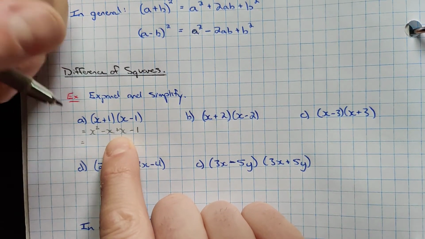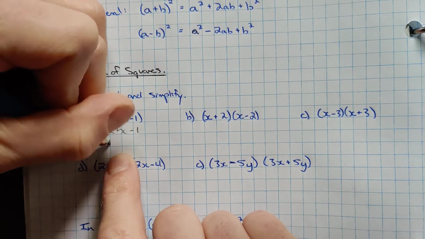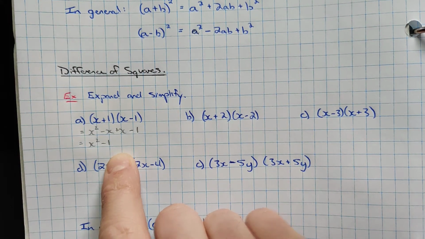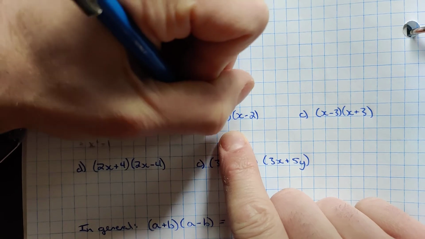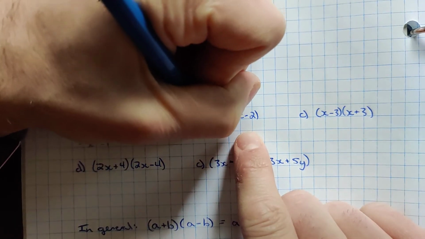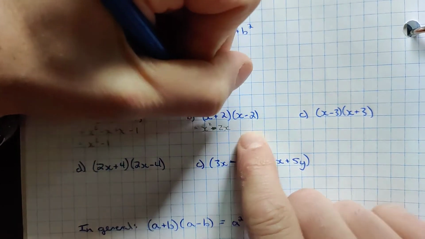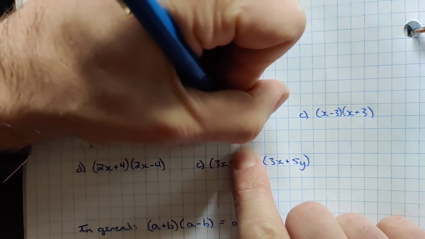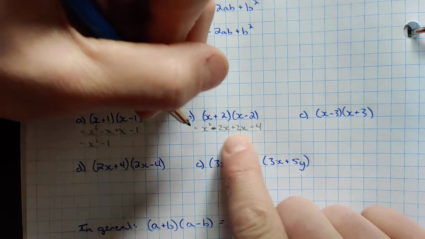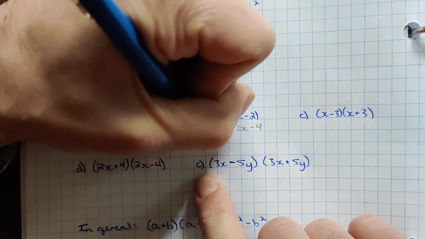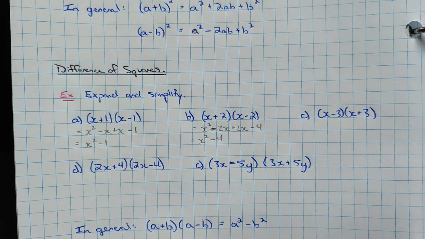Those two there will add to 0, so I'm just left with x squared minus 1. If I do the next one, I get x squared minus 2x, if I FOIL this out, plus 2x, and then minus 4. Again, those middle two terms will cancel, and I'm just left with x squared minus 4.